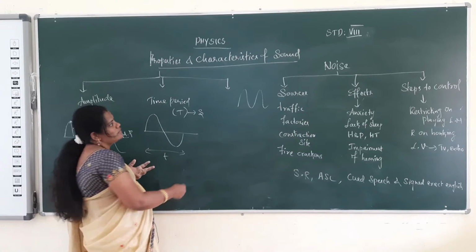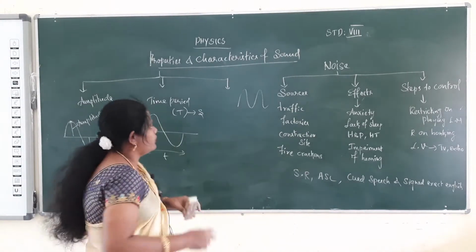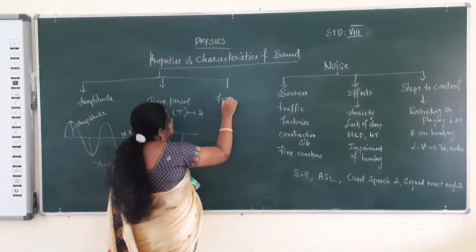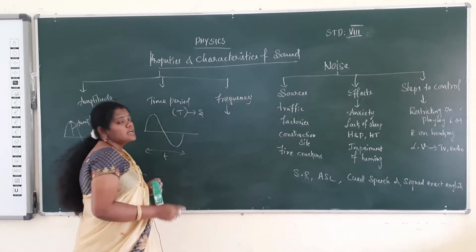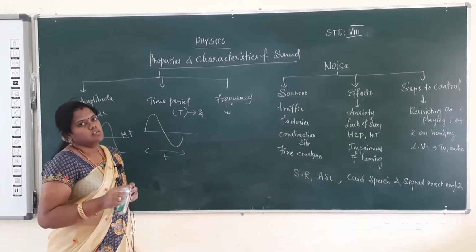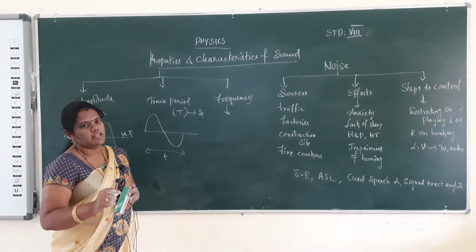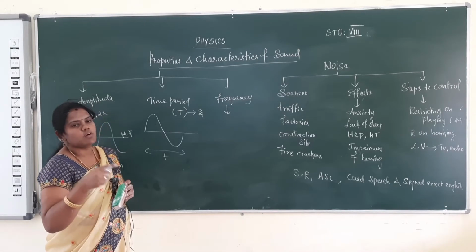And the third one is frequency. Frequency is the number of vibrations in 1 second. The number of vibrations that travel in 1 second is called frequency.